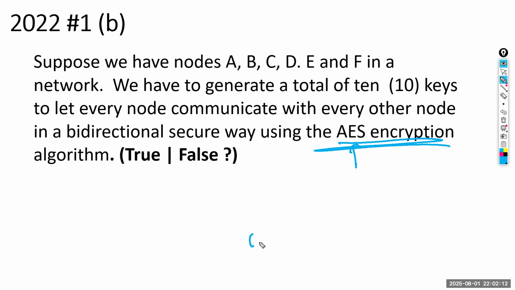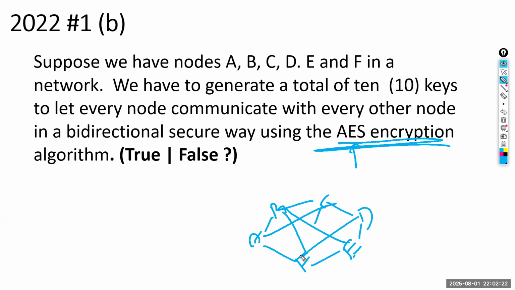So if you have A, B, C, D, E, and F, and they want to communicate with each other like this, in so many ways, I just draw a few of those. Then remember n times (n minus 1) divided by 2 if everyone is communicating with each other.